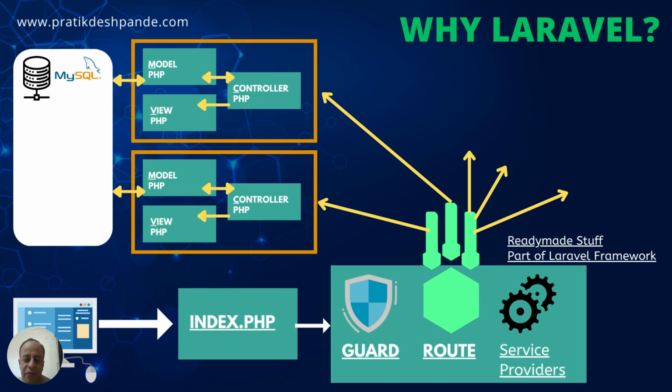So this takes care of all these things, so you don't have to write anything into this. You just have to do some configurations, etc. Most of the things are already pre-configured for your project automatically. So when a request comes in, this guard checks if you enable that, and if you don't enable that guard, it won't check at all. Then it will route that request to a particular MVC module, and then it will process the data and send the response back to the client.